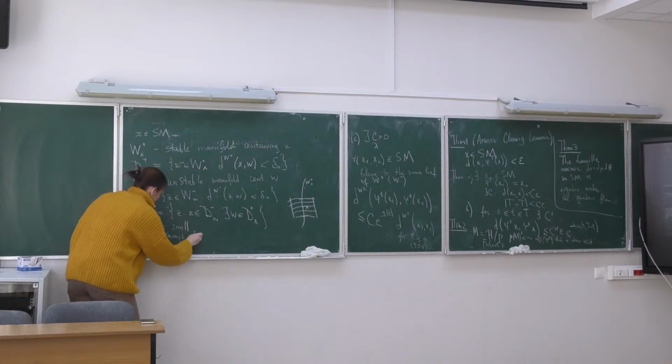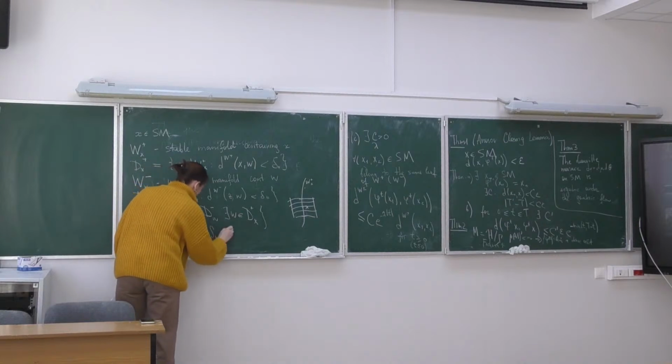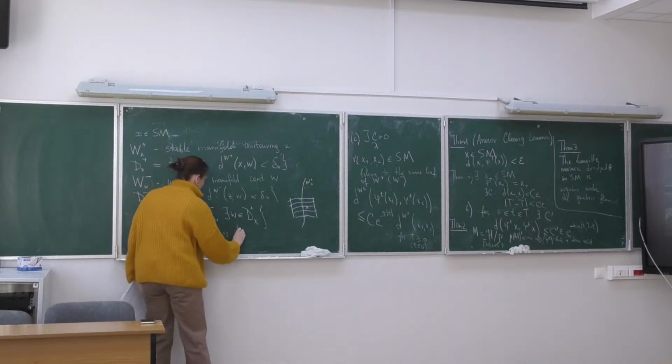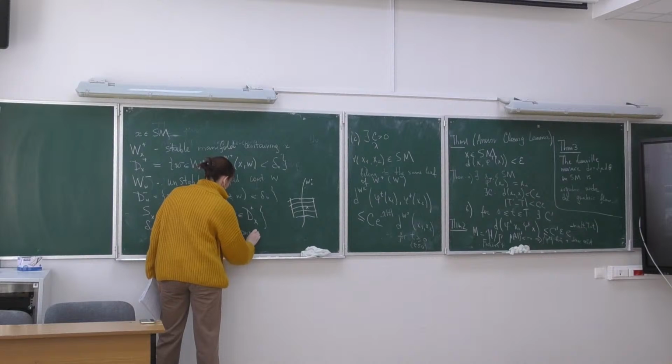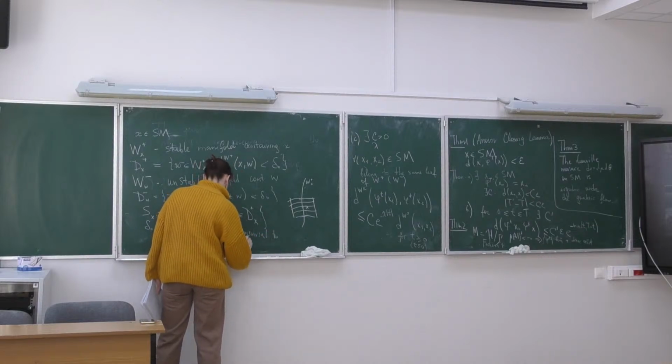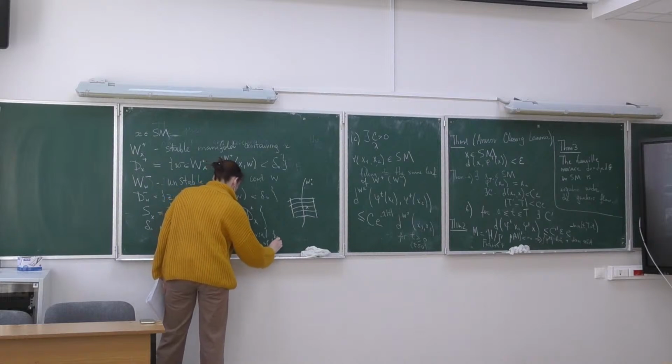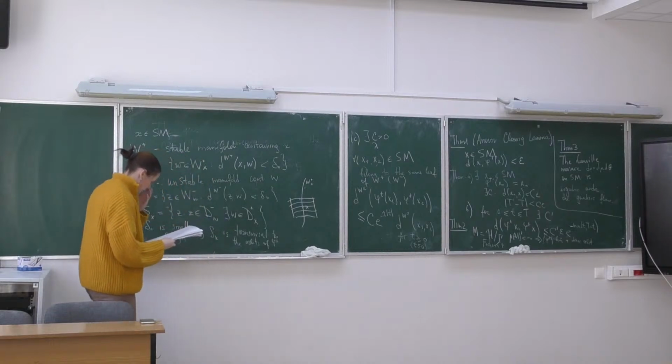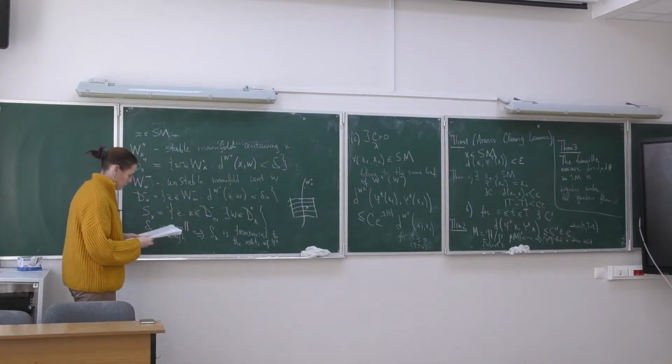So Sx is transversal to the orbits of phi t. So now what can we say?